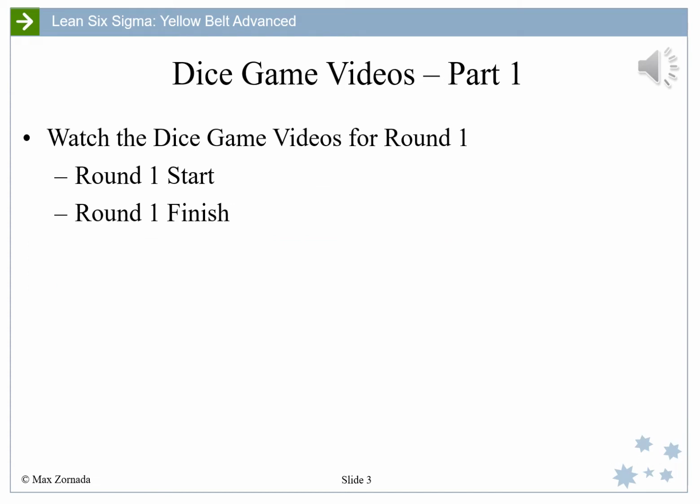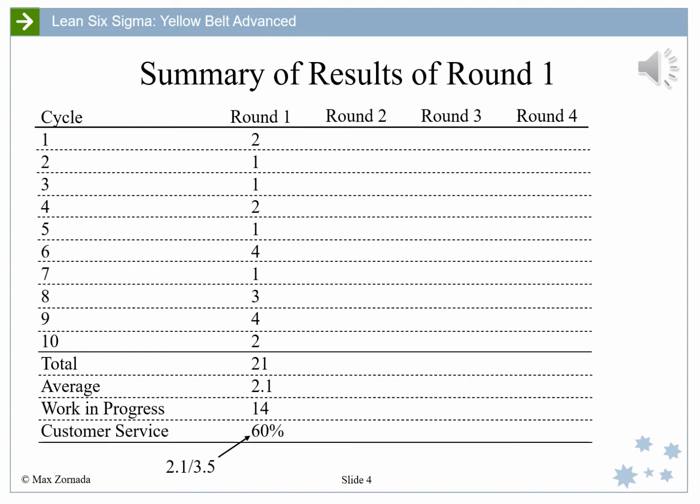Okay, if you watch the video that's labeled round 1 start and round 1 finish, I've kicked off the game so you can get the gist of how it works, but then I've cut out the boring bits in the middle, and the second video takes you right to the finish to show you what state the process was in after the 10 cycles through the process.